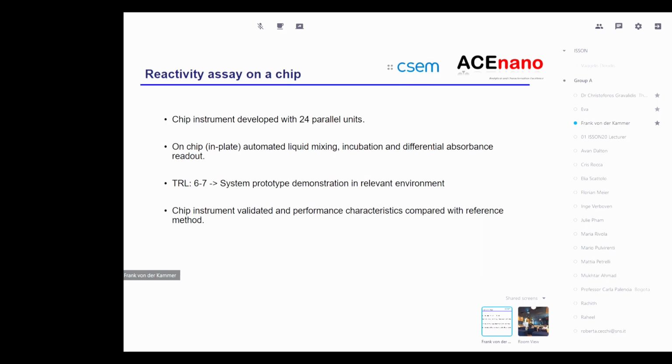It's an on-chip, in-plate, automated liquid mixing, incubation, and absorbance readout, so it eases the measurement of surface reactivity of nanoparticles a lot. We are at a high TRL level, so the system prototype has been demonstrated in the relevant environment, and we are about to run the validation tests and interlaboratory tests within the next months.